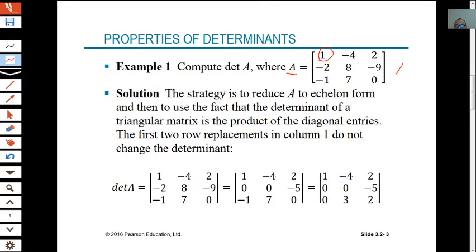So to get 0 for -2, the matrix A is row equivalent to the matrix after the row operations: R2 is replaced by R2 plus 2R1, and R3 is replaced by R3 plus R1.